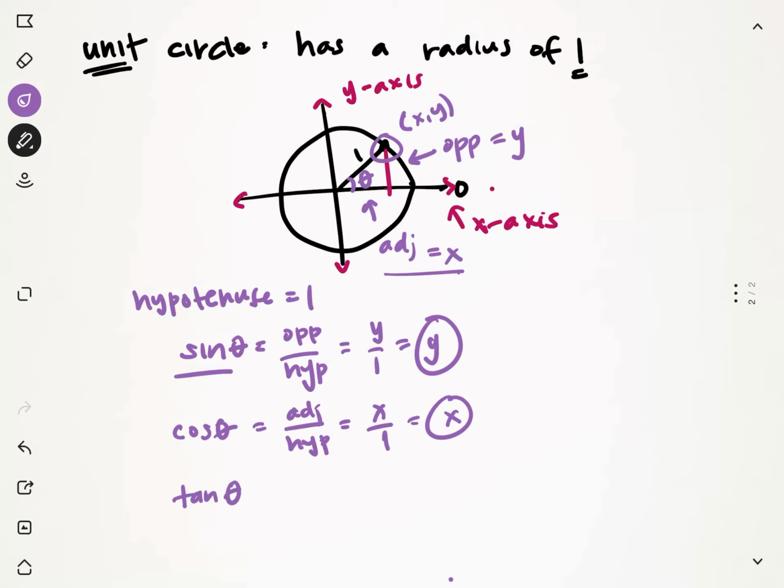And then tangent is the opposite over the adjacent. Well, our opposite's y, our adjacent's x. So whenever we're looking at a unit circle and we know a point on that unit circle, all we have to do is put the y value over the x value. That will give you your tangent.